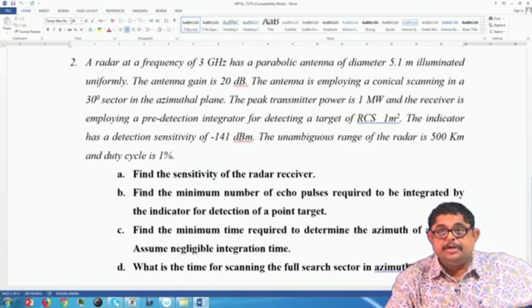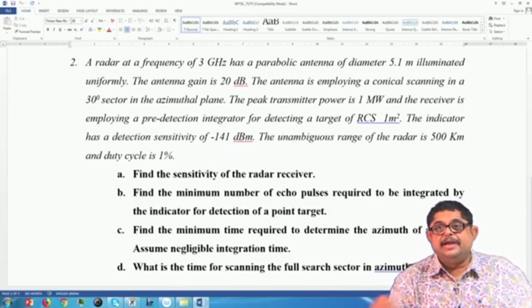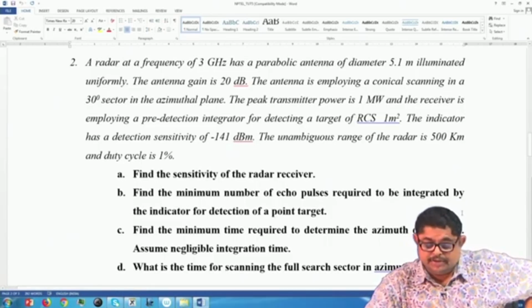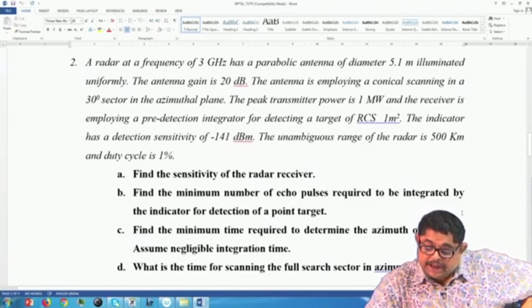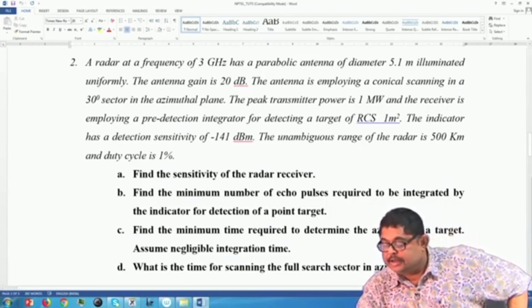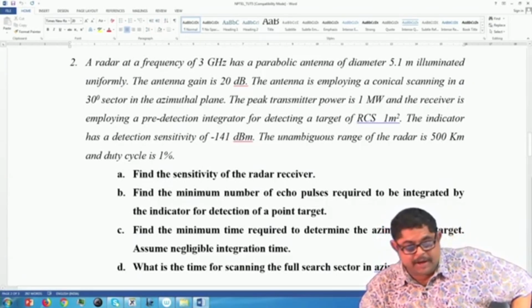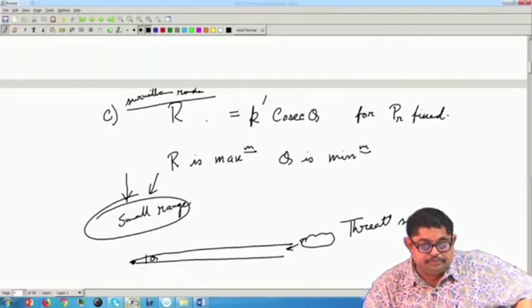That means, though there is a finite integration time, let us assume that the integration time is 0. What is the time for scanning the full search sector in azimuth, the 30° search sector? So, it is a very relevant problem. So, let us see its solution.